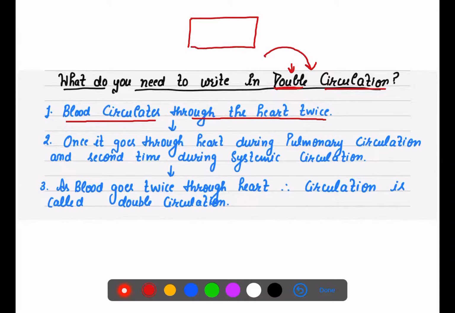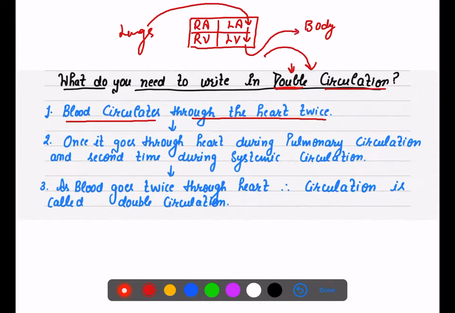See, as if this is the heart, then here is your left atrium, left ventricle, right atrium and right ventricle. And here if we are talking about the body, and here is the lungs. Now as you know, from lungs the blood is first received by the left atrium, then it moves to the ventricle, and then it moves to the body.